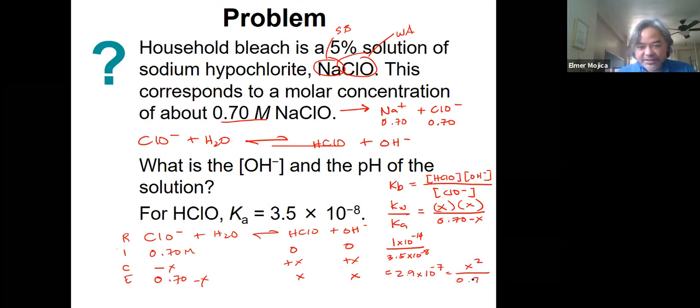And I think this is just equal to 0.70, because 0.70 divided by 2.9 times 10 to the negative 7 will give you more than 1,000. Okay? So you solve for x here, which is just 2.9 times 10 to the negative 7 times 0.7 and get the square root.